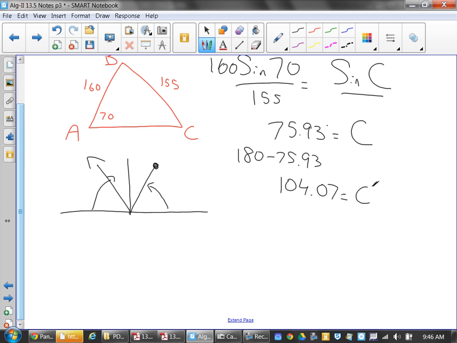Now, thinking in terms of between 0 and 180, going from here to here is 104.07. Because these two values are on the same horizontal line, which means they have the same y value, which means they have the same sine value. That's where this comes from.